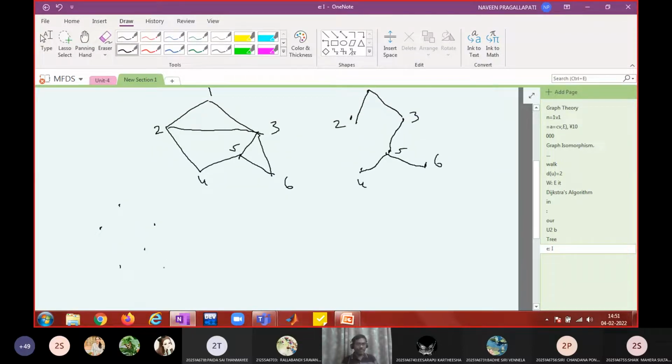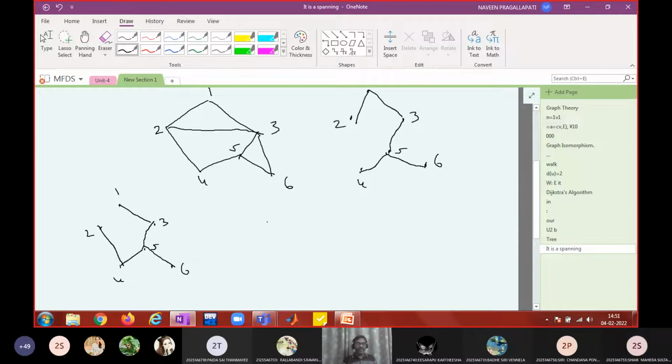So 1, 2, 3, 4, 5, 6. Then it can be something like this: 1, 2, 3, 4, like this. Is it not a tree? Is it not a spanning tree? Yes, sir.